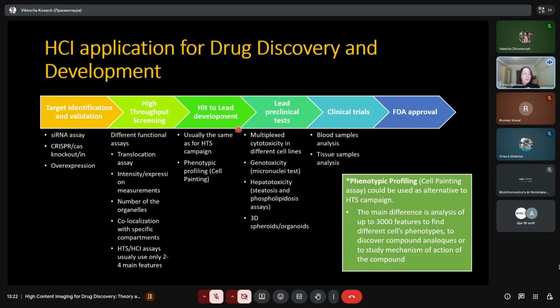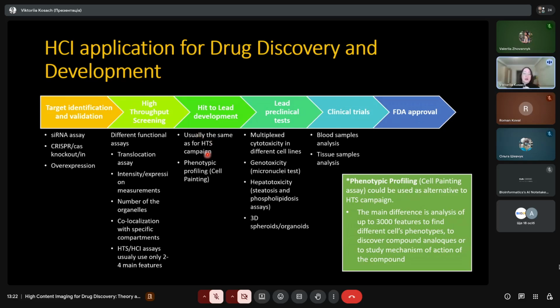During this stage, your chemical team is modifying the structure of compounds to make them more soluble, more cell permeable, or just more active. So you are playing with structure of the compound. And to test these new analogs, you also will usually use the same assays as in high-throughput screening.